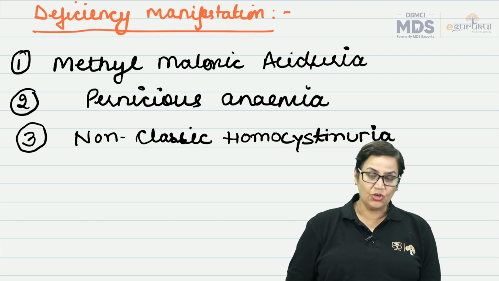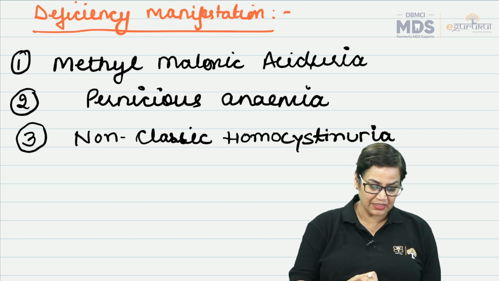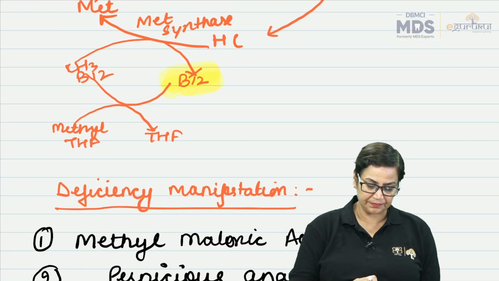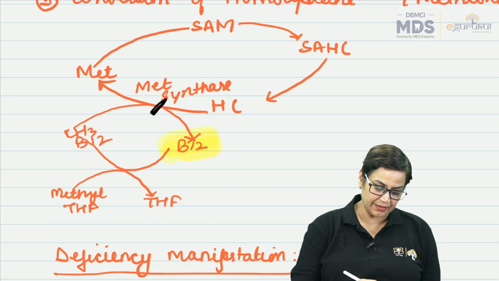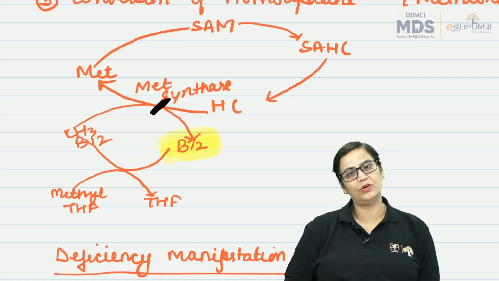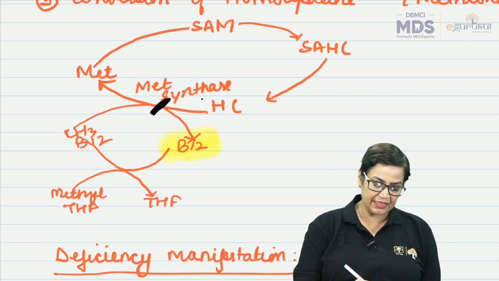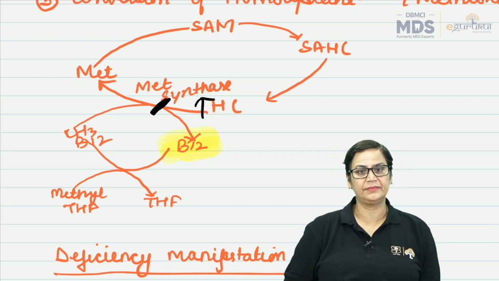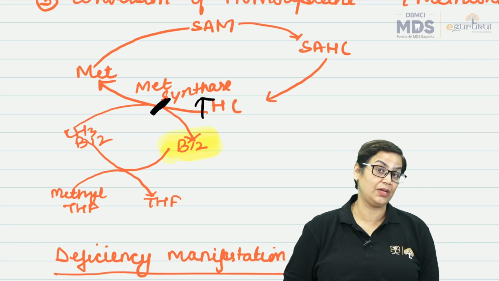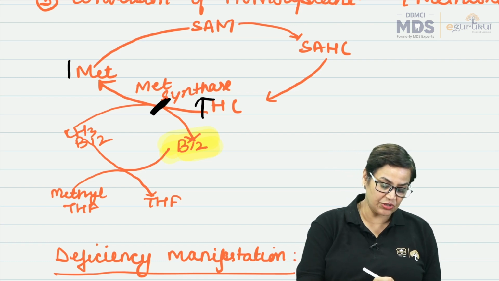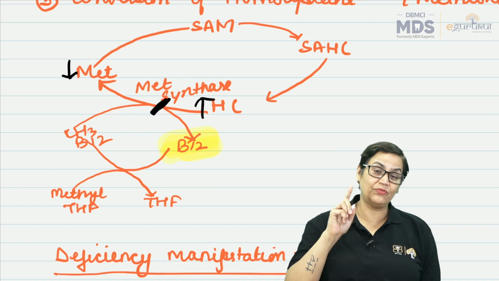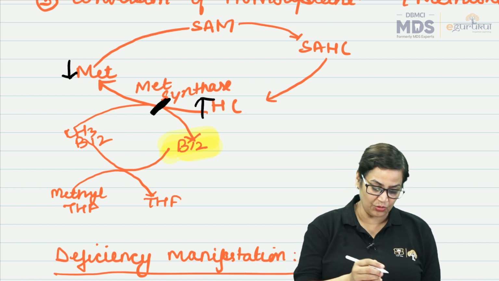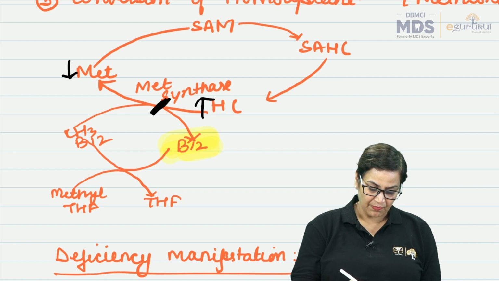Now, whenever we study non-classic homocystinuria, we will just go to this reaction. If you see B12 is absent, like this, what will happen? There will be increased concentration of homocysteine, leading to homocystinuria. And if we see, the concentration of methionine will decrease. अब यहीं पे if we take one more reaction which I taught you in B6, I told you this was the reaction.